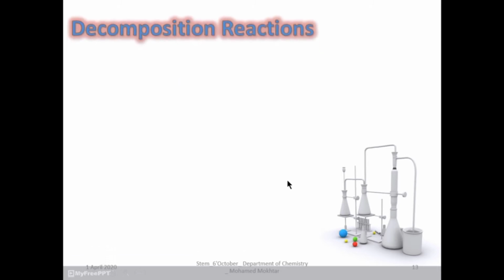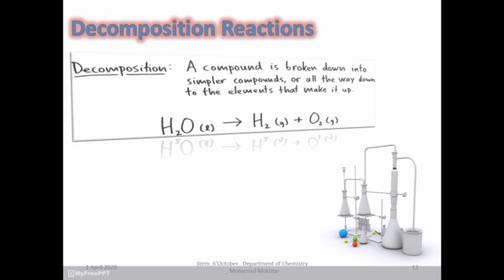The second one is decomposition reaction. It is the opposite process of synthesis reaction. It means some compounds are broken down into simpler compounds, or some complex compounds decay into simple compounds, like the decay of water to give us hydrogen and oxygen.